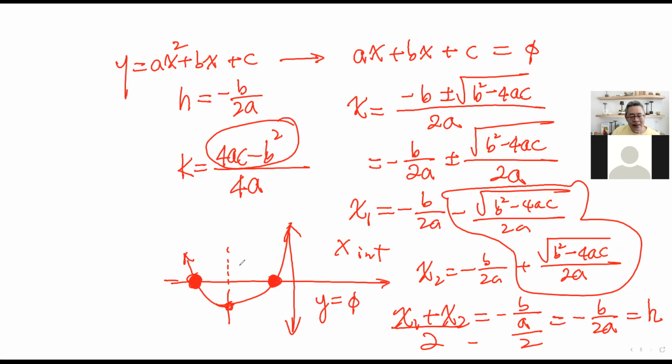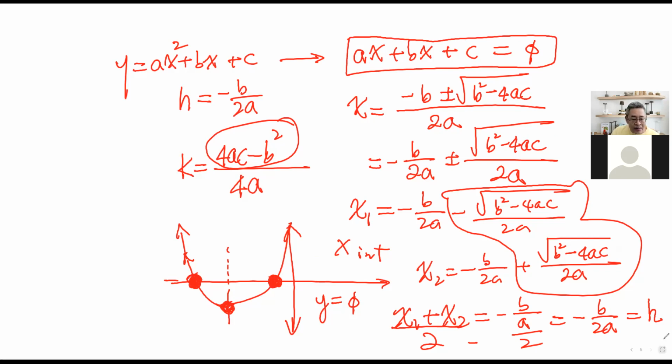Good? Okay, so this just shows you the relationship between the vertex and the x-intercept. The x-intercept is really the solution to this quadratic equation, and you can see how everything gets tied together.